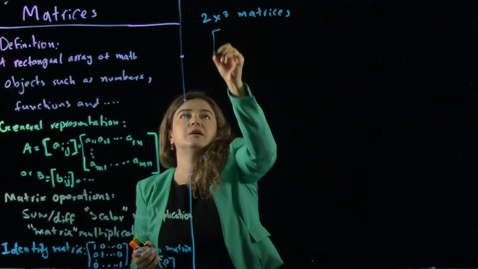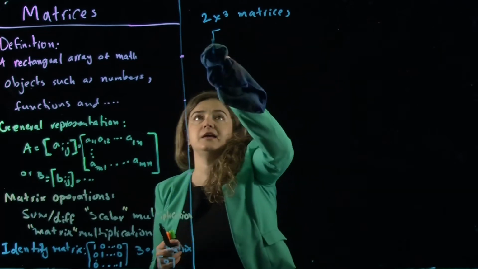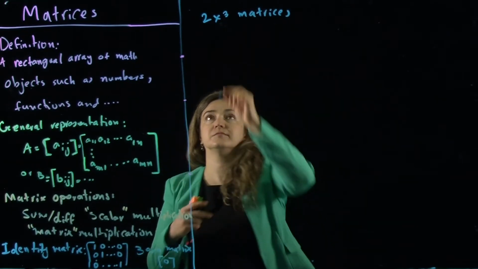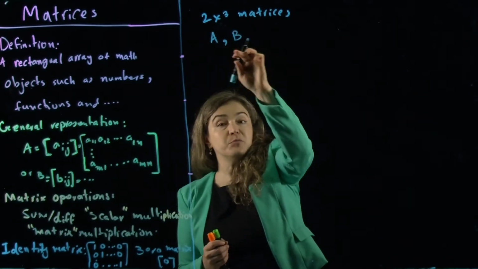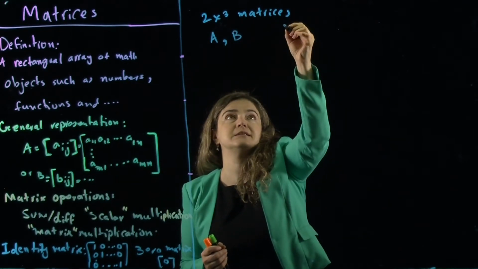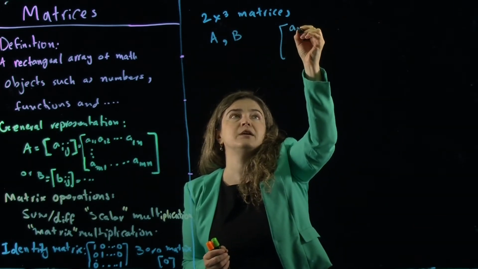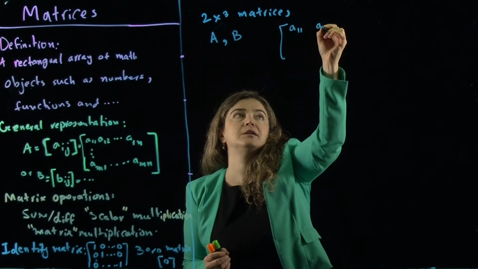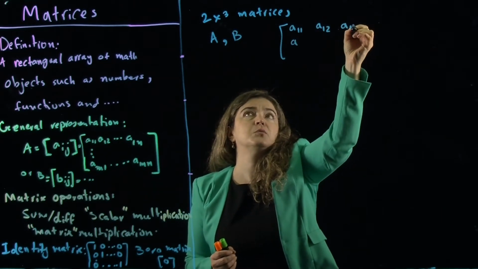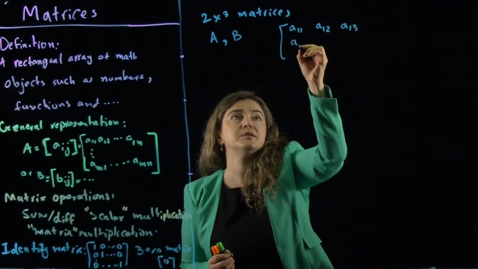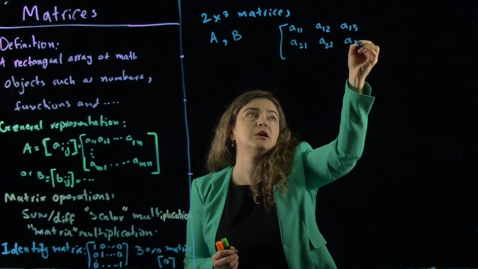And so the general matrices, let's say matrix A and matrix B. Another way of representing this: I know both of them are 2 by 3, so I can show A1, 1, A1, 2, A1, 3, because 3 columns, A2, 1, A2, 2, A2, 3.